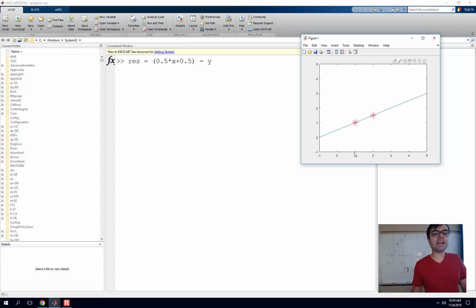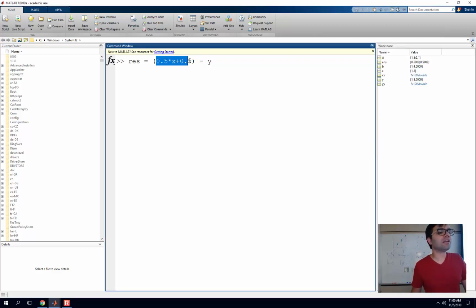Because at x equal to 1, y was 1. We need to know at x equal to 1 what the line gives me. At x equal to 2, y was 1.5. I need to know at x equal to 2 what this line gives me. Does it make sense so far?